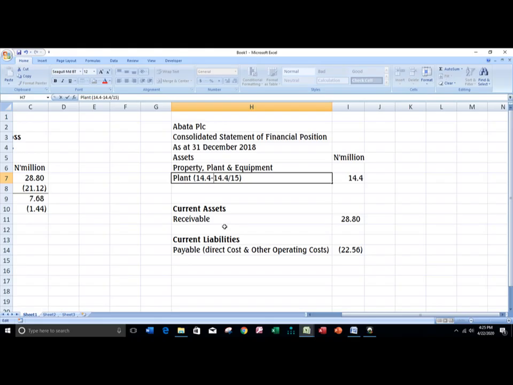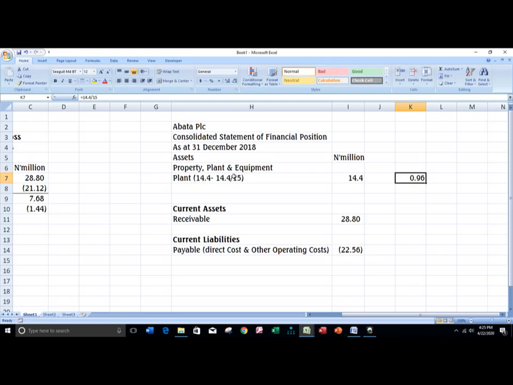So I hope you are following. If I divide 14.4 by 15, it will give me my annual depreciation, and I will now subtract it from 14.4 to get the answer. That's how to get this figure. So let's adjust for it here. 14.4 divided by 15.